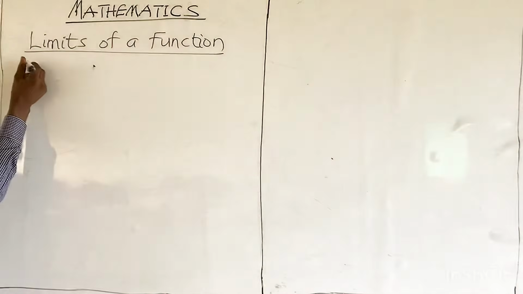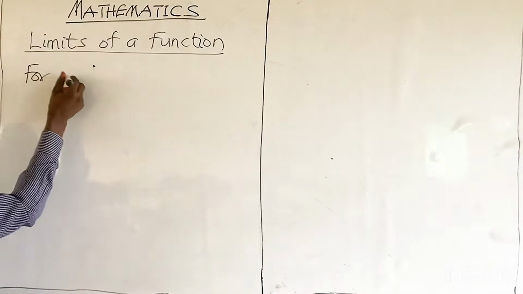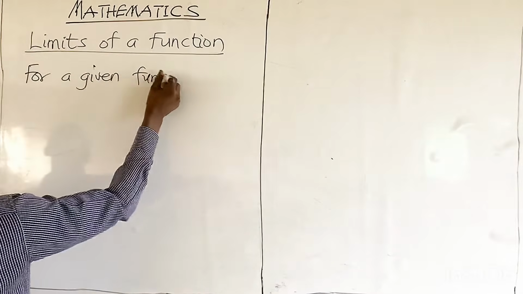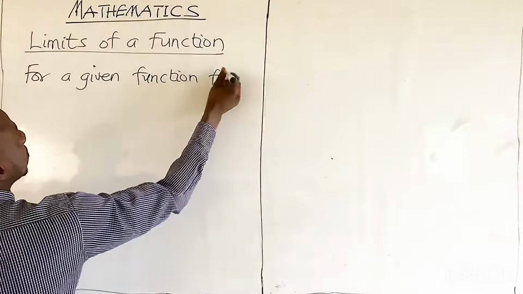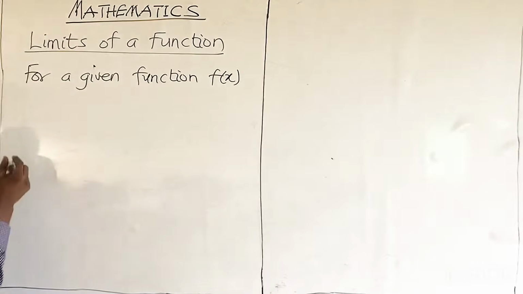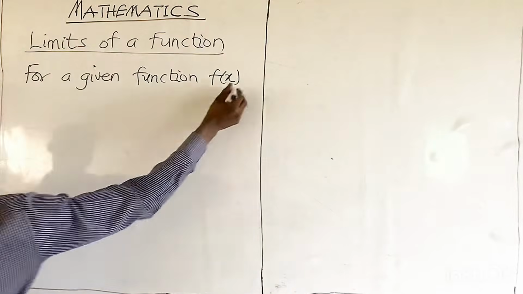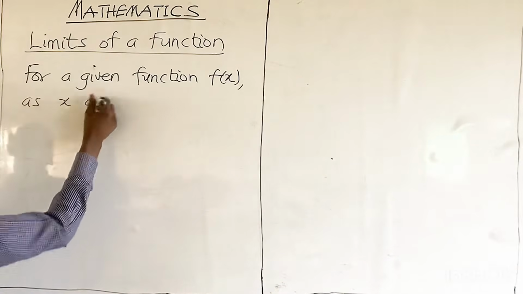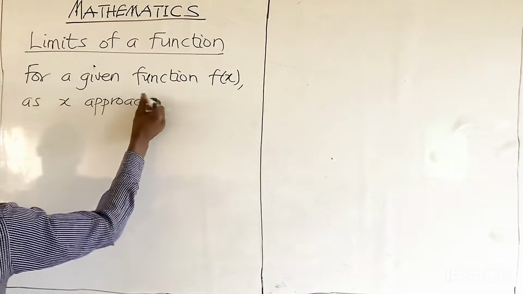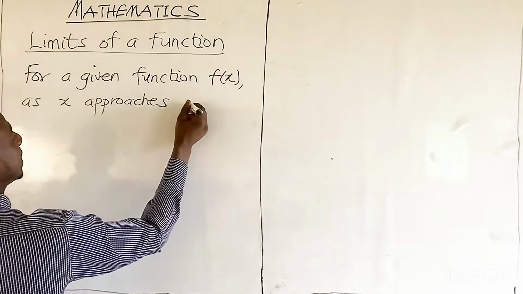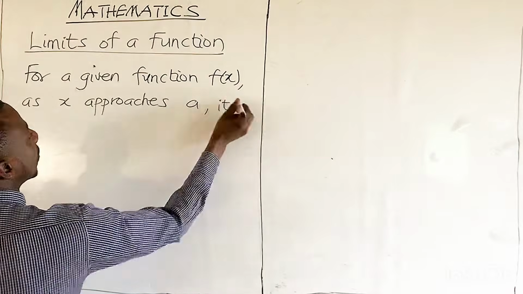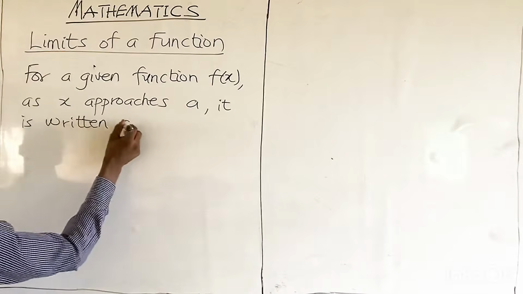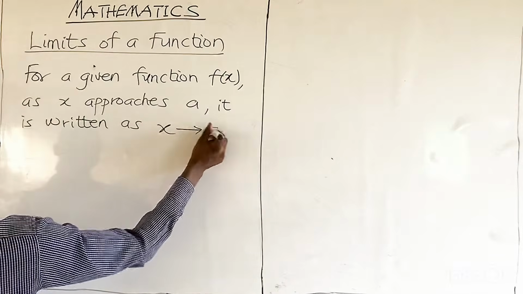So let's have a short note. For a given function f of x, as x approaches a particular number, let's say a, it is written as x approaches a.